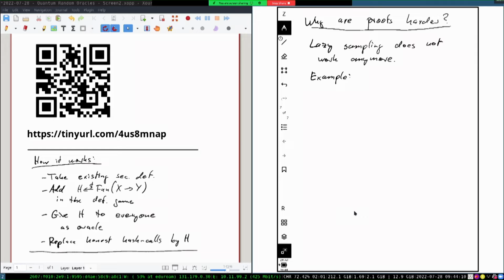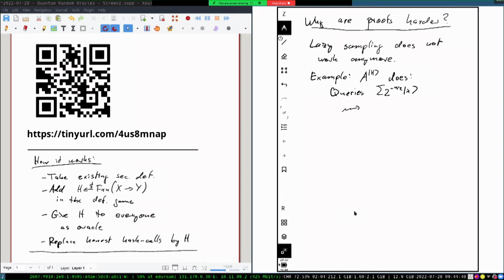Let's say the adversary with oracle access to H does the following query. It queries input 2 to the minus n half sum over x, so just the superposition of everything.